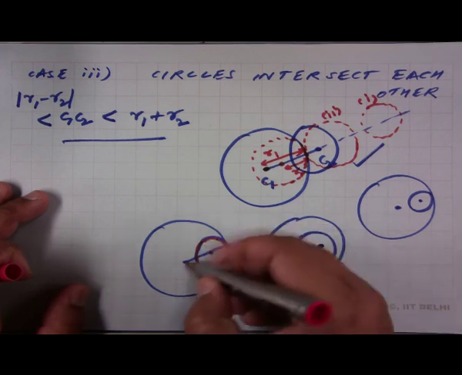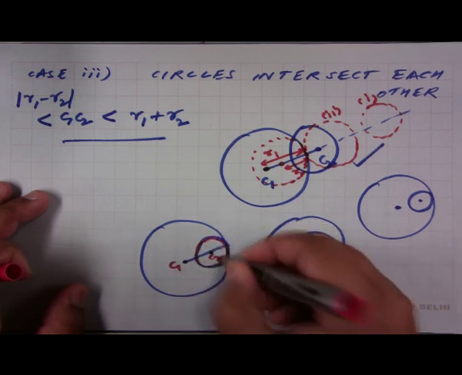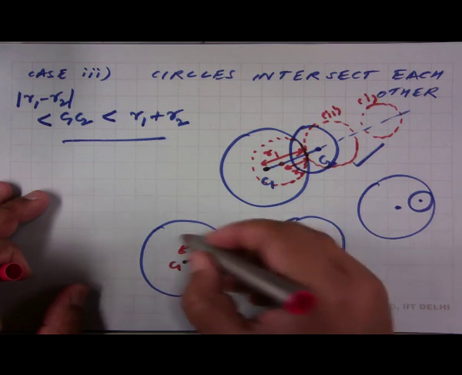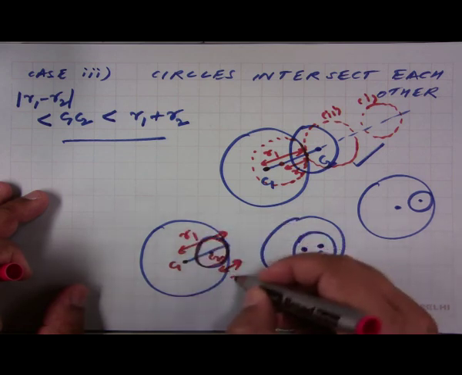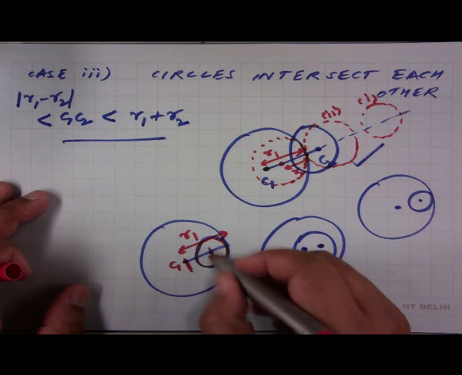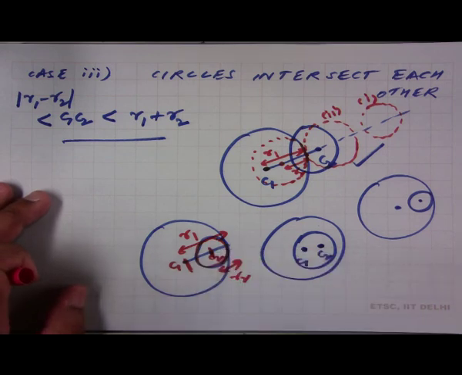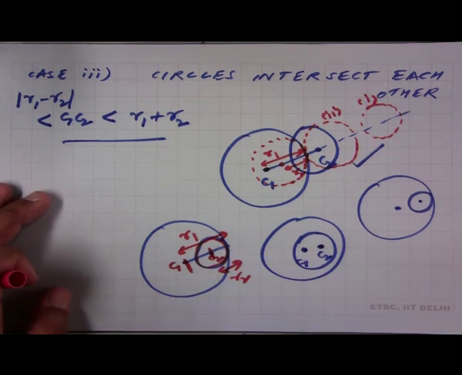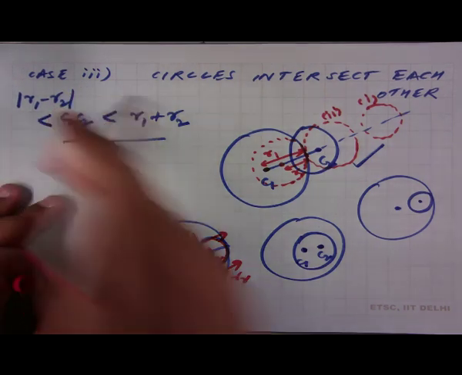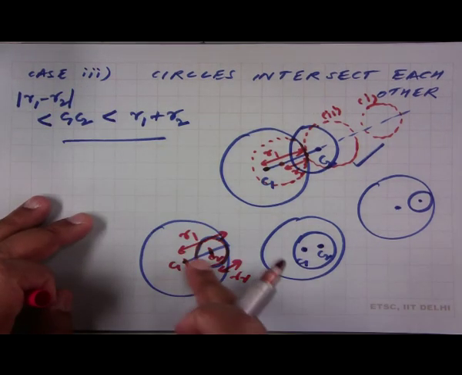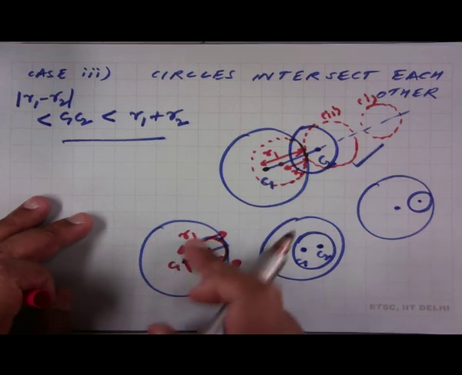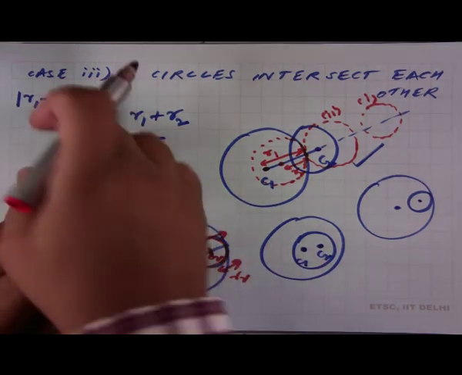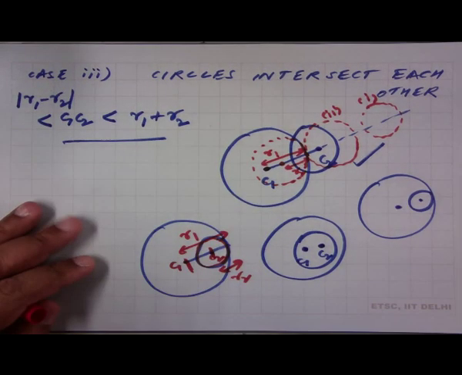So, this is a smaller circle, center C1, C2. This is R1 and this is R2. Therefore, the distance between these two centers is R1 minus R2, and we just take a modulus because of course, here we are assuming R1 to be larger than R2, but it could be the other way around. So, that is why we have to take modulus.